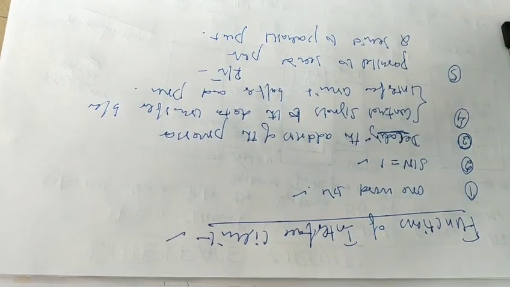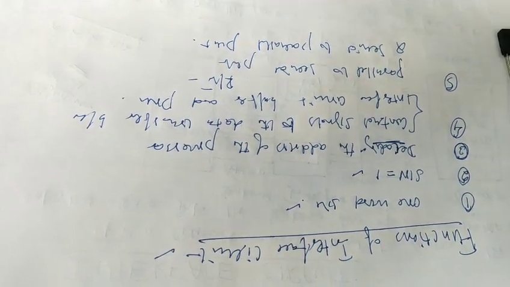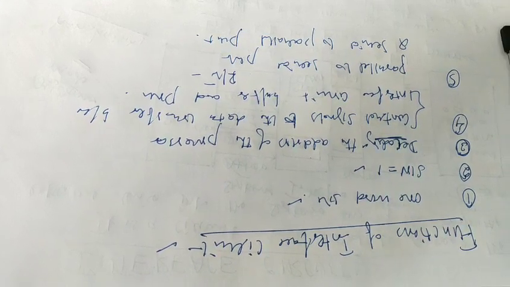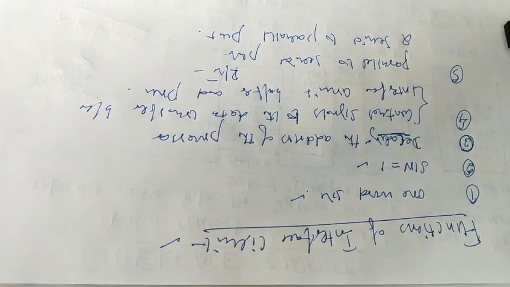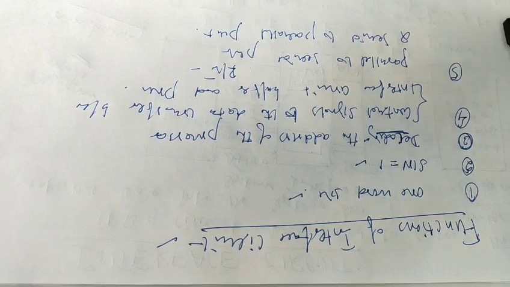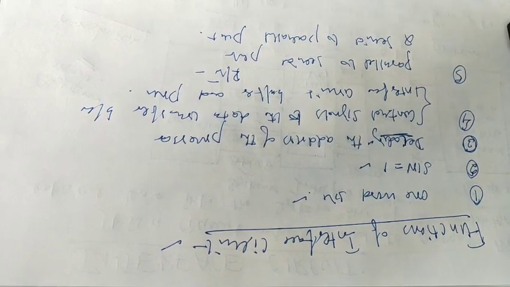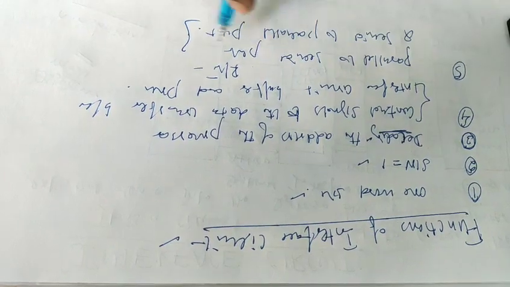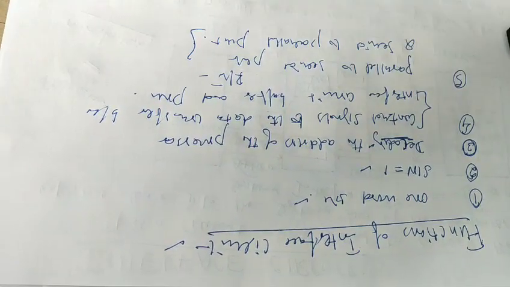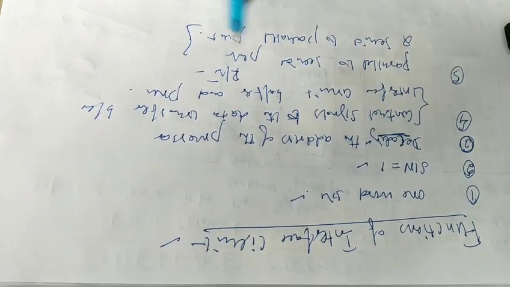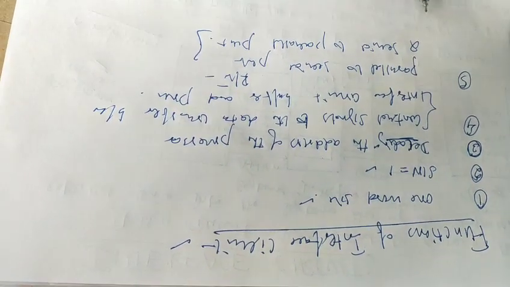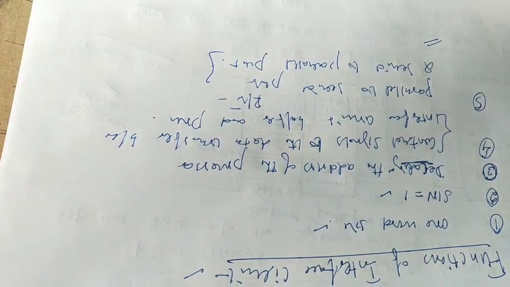In some places, the interface circuit needs to convert parallel lines, meaning 2 power n lines, into n lines, and n lines back into 2 power n lines. That is parallel to serial and serial to parallel. This conversion is also one of the functions of the interface circuit. So totally it is doing five functions. That's all about the interface circuit.